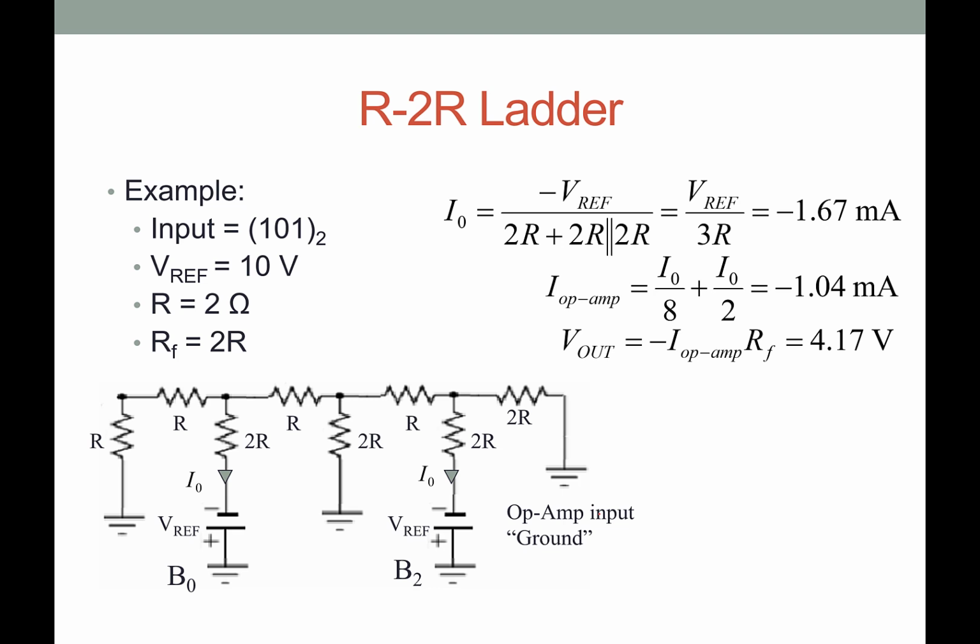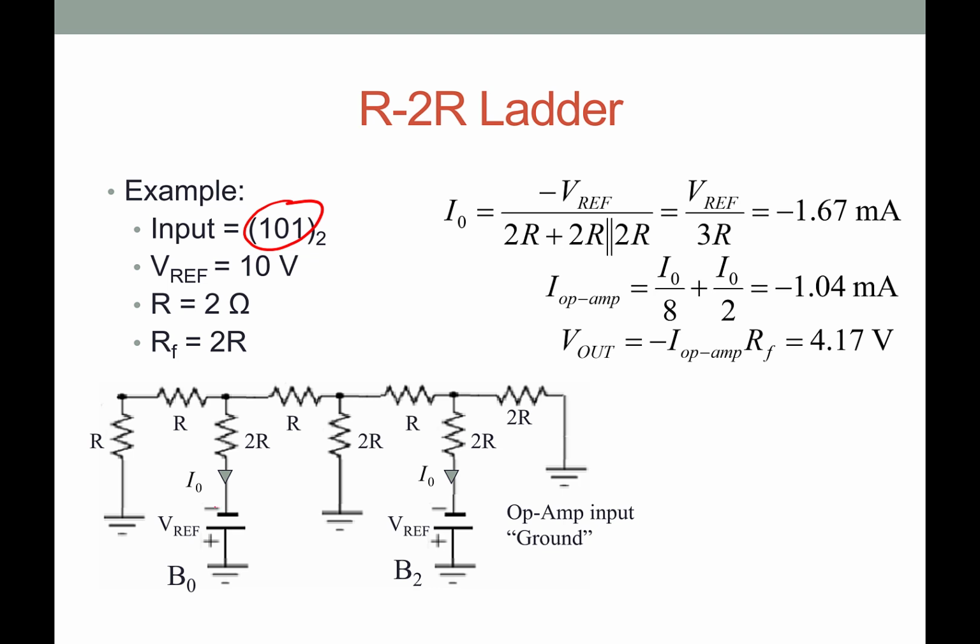Here's another example. We could go through it again. I don't think it's all that big of a deal to go through it again, but you can see this is what you would get if you had 101, so the number 5, and your reference voltage was 10 volts, and your resistor values were this particular thing.